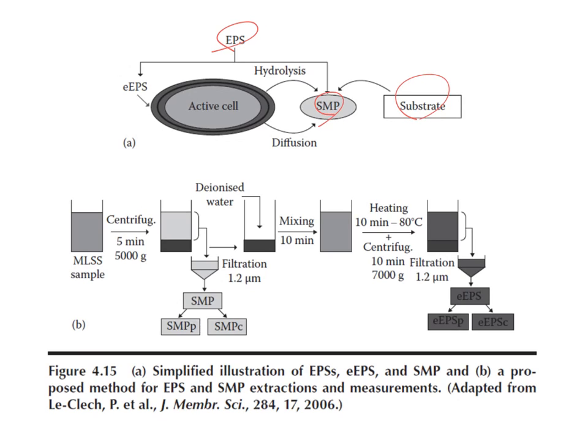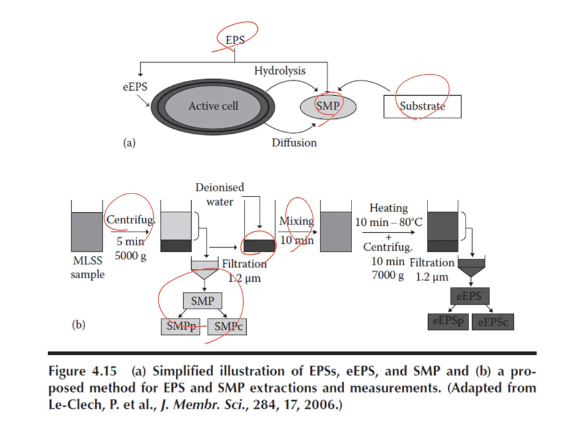Anyway, if you want to analyze EPS, you can start from this MLSS sample and centrifuge it. The supernatant is used for the analysis of SMP, and the deposit is used first.